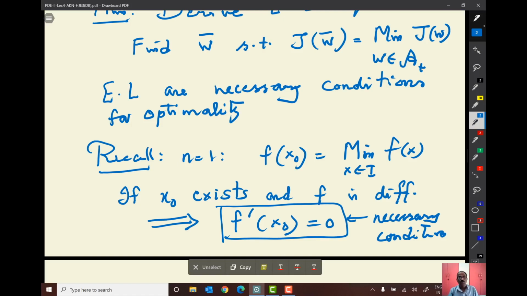We are going to derive a necessary condition, if w bar is optimal and minimizes J, which we call the Euler-Lagrange equations, a system of second order ODEs. We will stop here and continue in the next class, and then we will give some examples. Thank you.